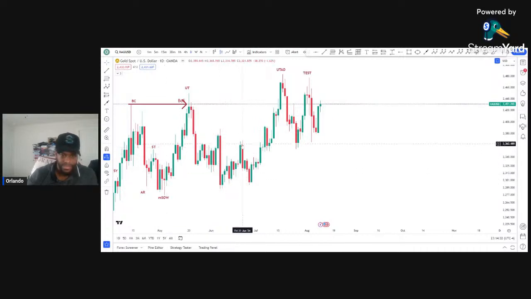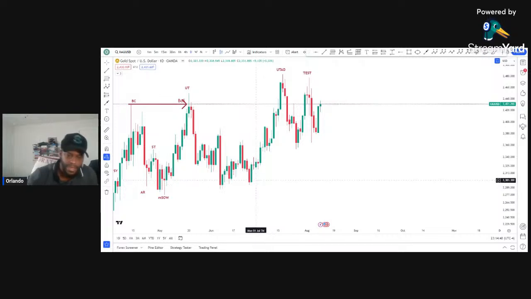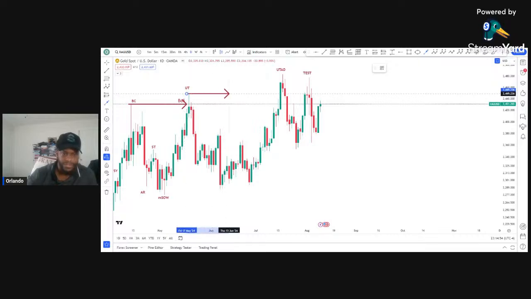Mitigated that supply zone. Sellers pushed it back down, could not create a lower low. Buyers bought it back, prevented the lower low from being performed, and went bullish. So accumulated, reaccumulated, broke this high, eventually broke this one, came up and eventually broke that high. So now this is a BOS right here.